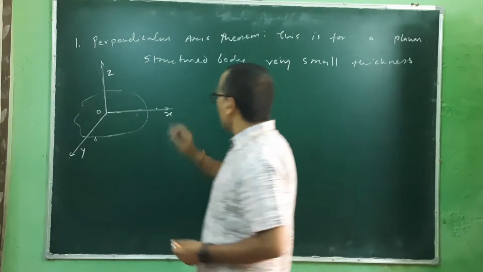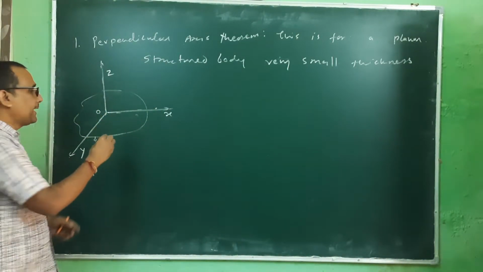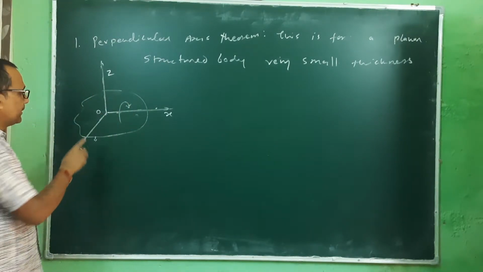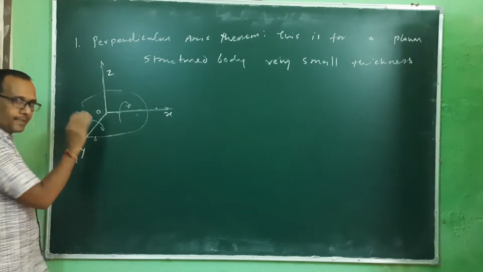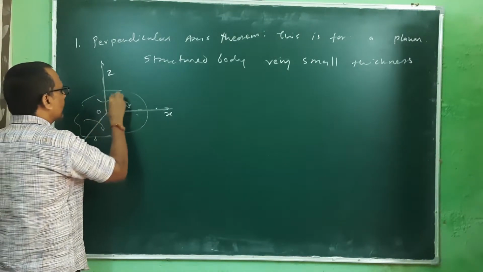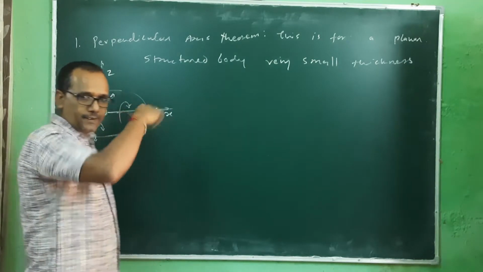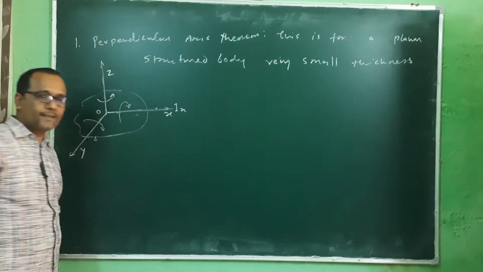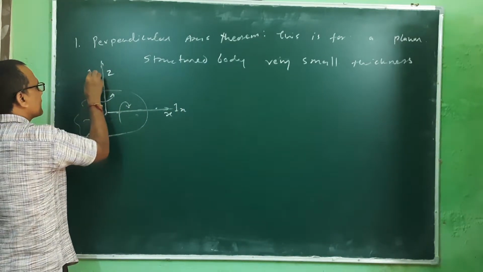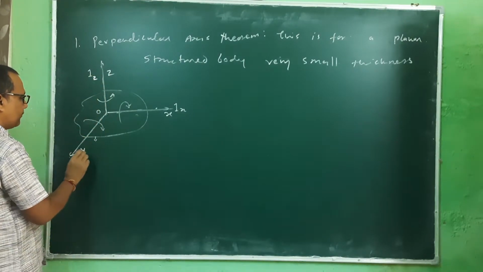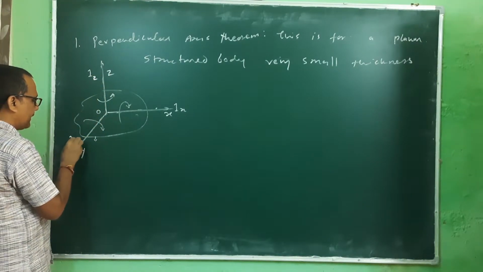And moment of inertia means this body can rotate around the x-axis, and this body can rotate around the y-axis. Means the moment of inertia can be calculated along the x-axis as Ix, along the y-axis as Iy, along the z-axis as Iz.